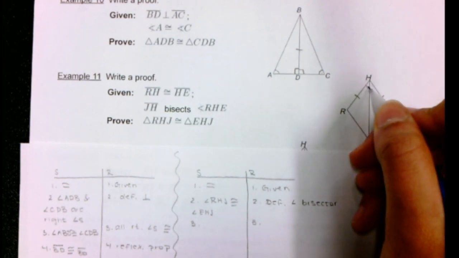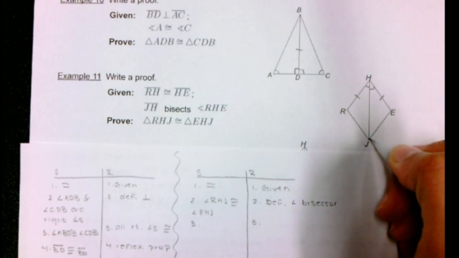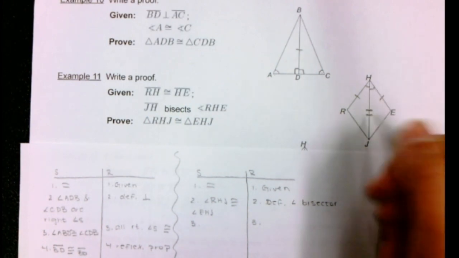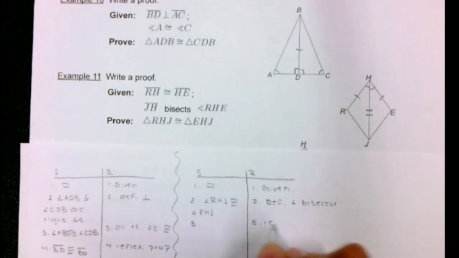So now we know that these two angles are congruent, and we need to show that side HJ is congruent to itself using the reflexive property, which shows HJ is congruent to HJ.